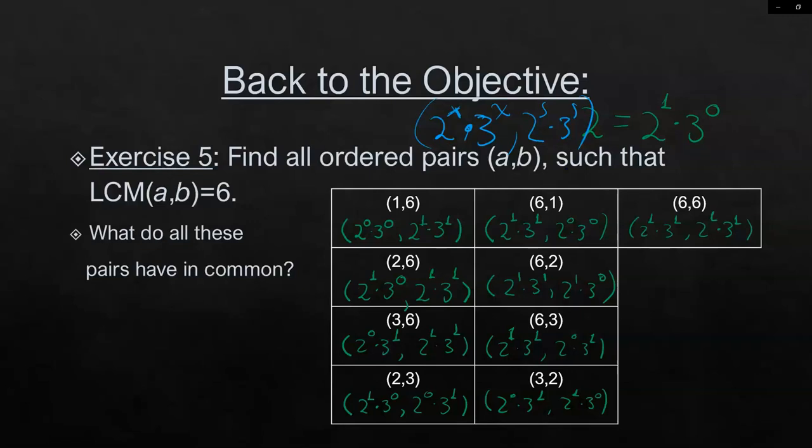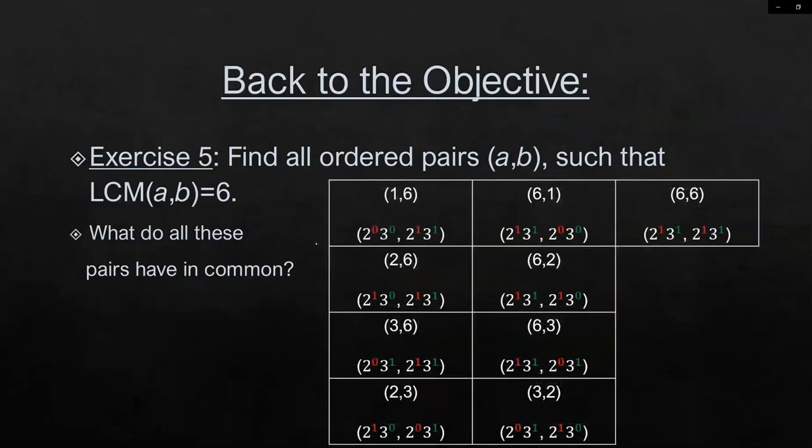We're going to use this observation. Okay, so as we can observe, all of the ordered pairs can be written like this. I have actually written this here. This is exactly what we did. We figured out that every single one of those pairs can be written in this form.